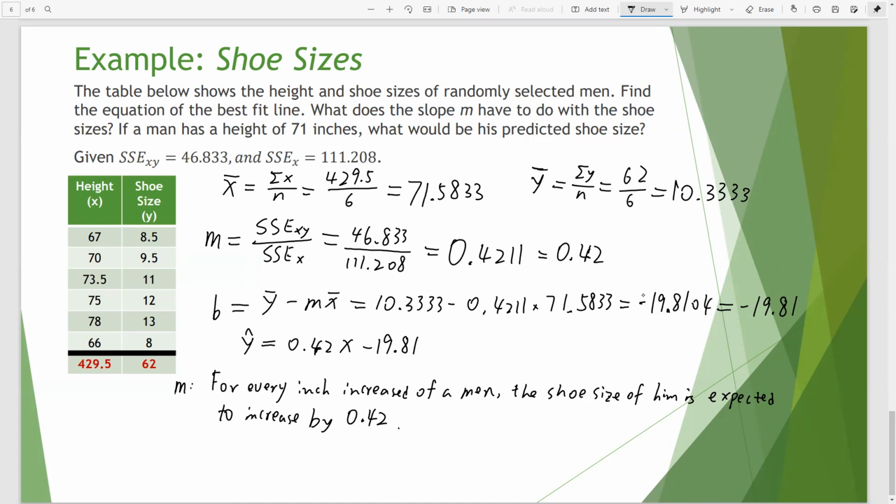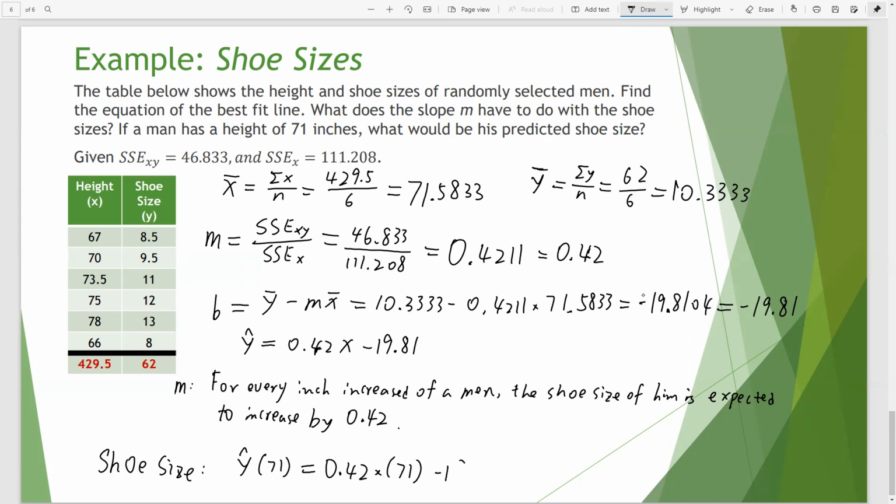Then the last one wants us to predict the shoe size of a man with height 71 inches. When the person is 71 inches tall, we put a parenthesis, that's where to plug in the x.